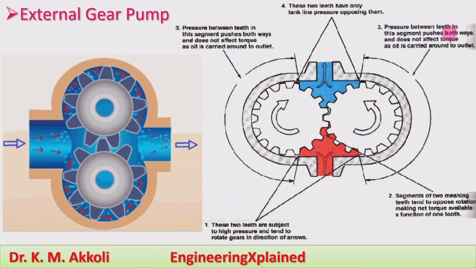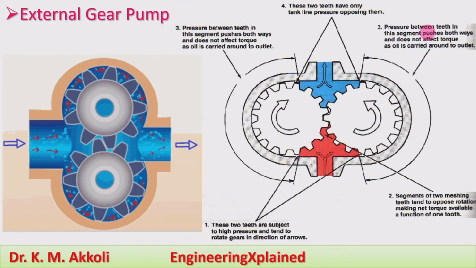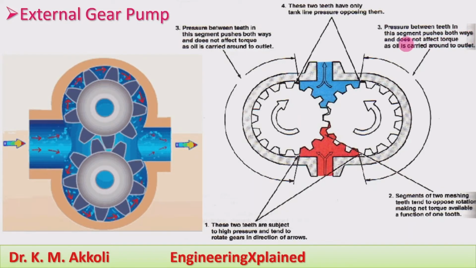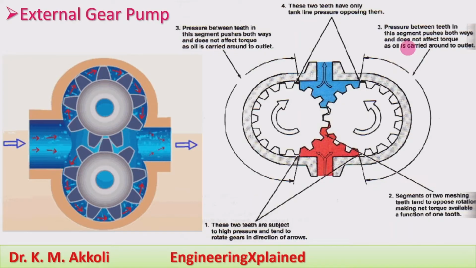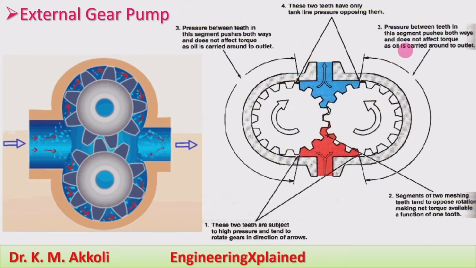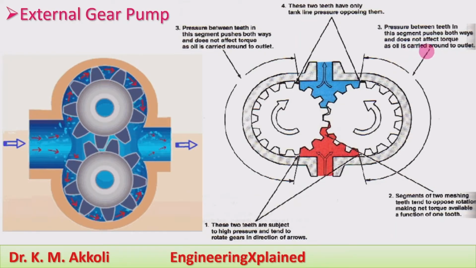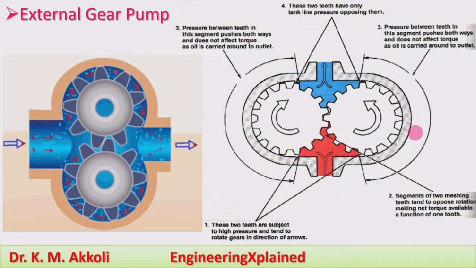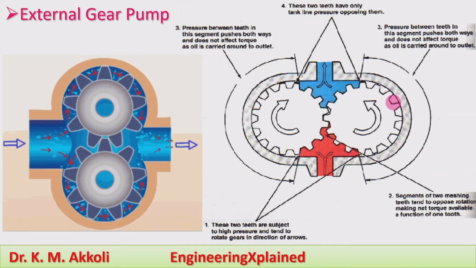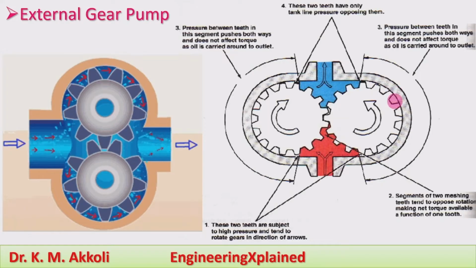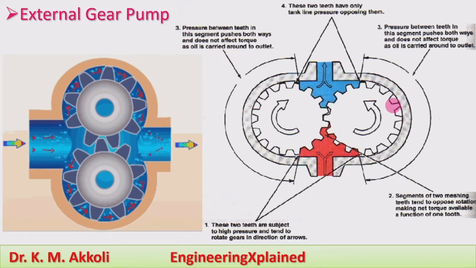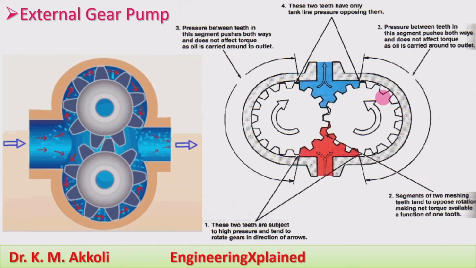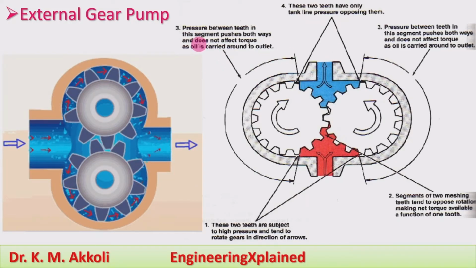The pressure between the teeth in this segment pushes both ways and does not affect the torque, as the oil is carried around to the outlet. The space formed and also the housing will not be subject to any torque. The same is on the other side also.